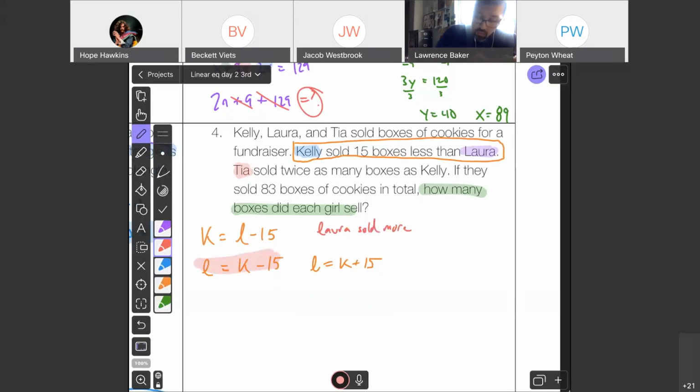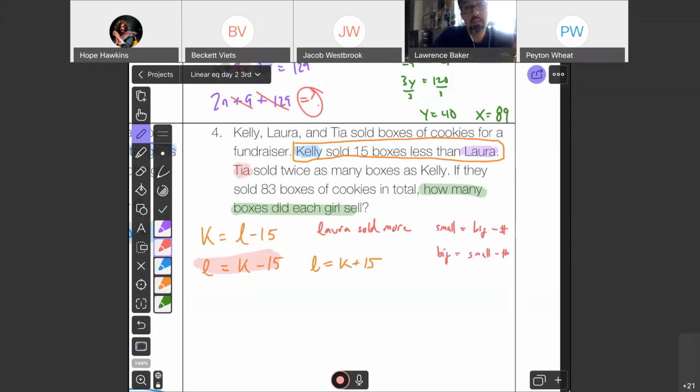And so looking at the two equations that are written, that means K has to be smaller. We're saying L has to be a bigger number, so K has to be smaller. So does small equal big minus a number? Or, in the second equation, L, being the bigger number, does big equal small minus a number?